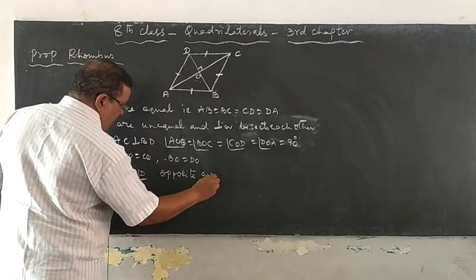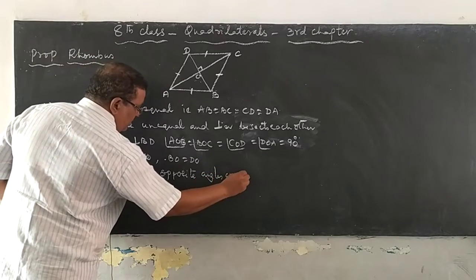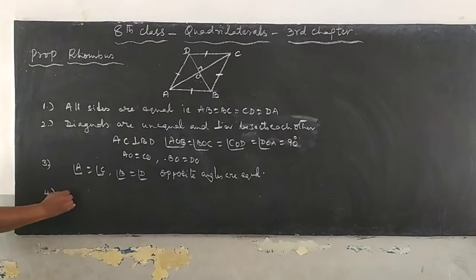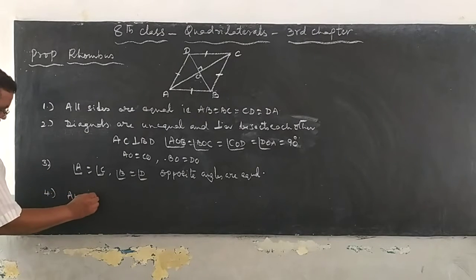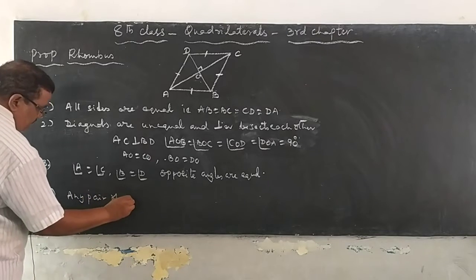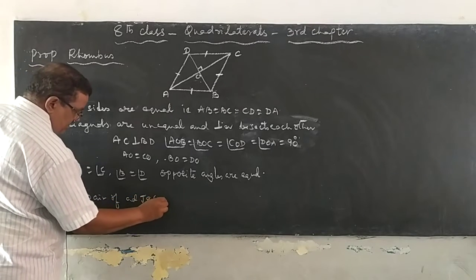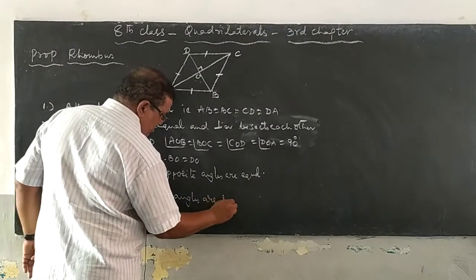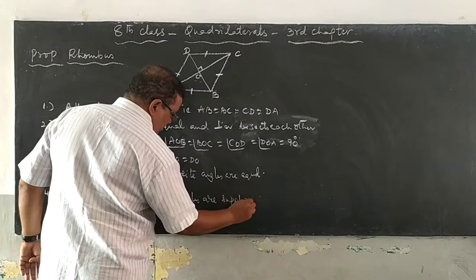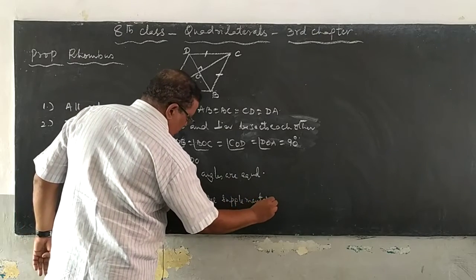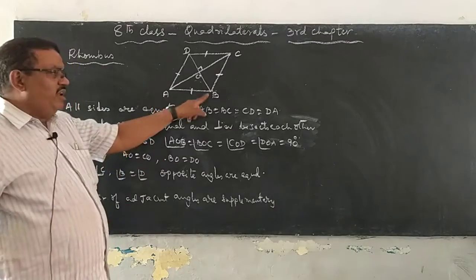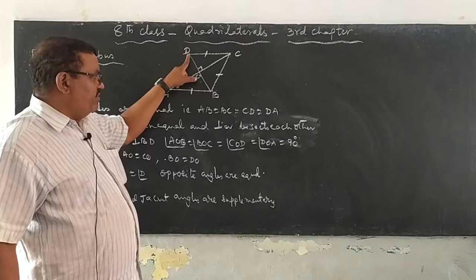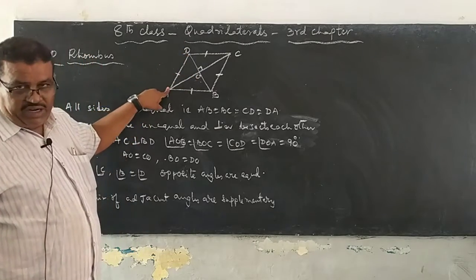Next, any pair of adjacent angles are supplementary. That is, angle A plus angle B 180 degrees, angle B plus angle C 180 degrees, angle C plus angle D 180 degrees, angle D plus angle A 180 degrees.